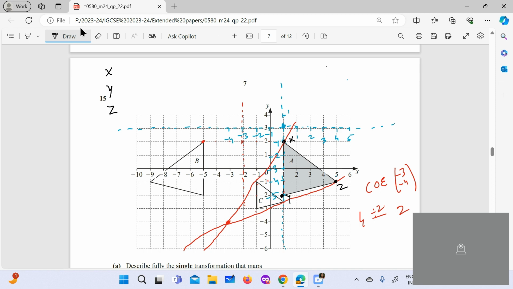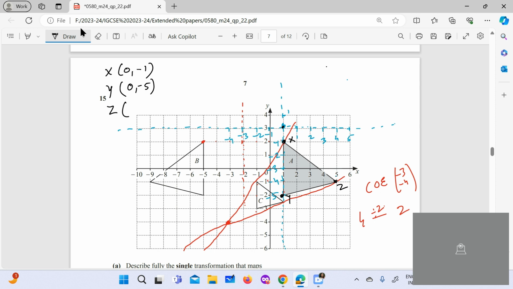So I will write the coordinates of x according to the new axis. See here, this is 0 and this is minus 1, so it is 0, minus 1. Now y is 0 and minus 5, 0, minus 5, and z is here.